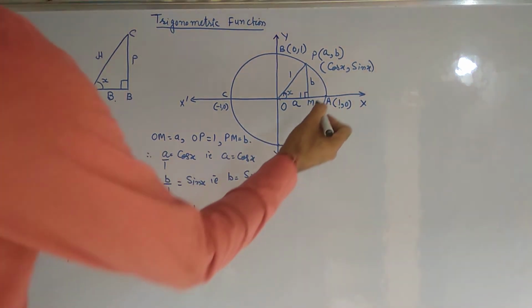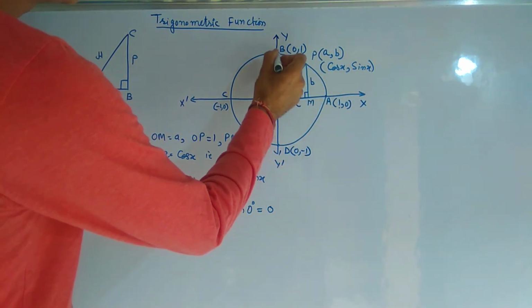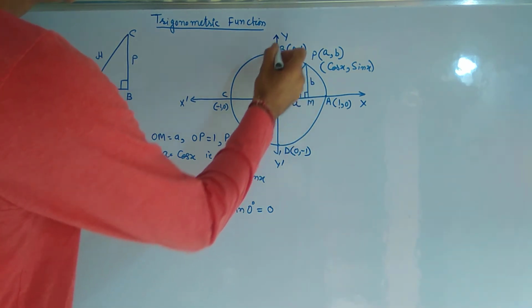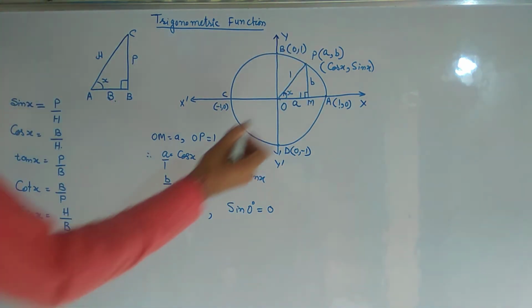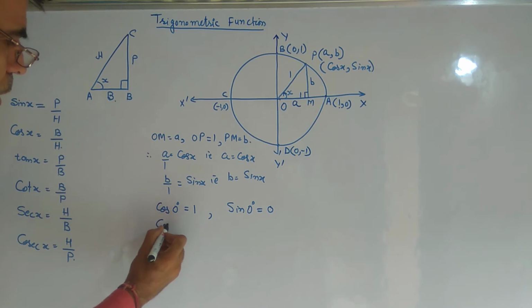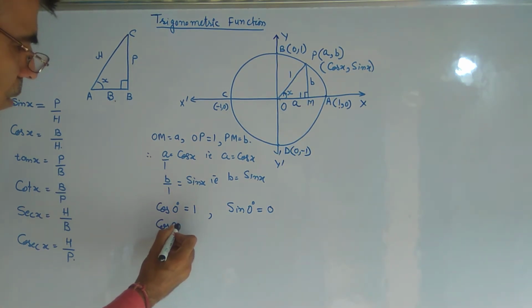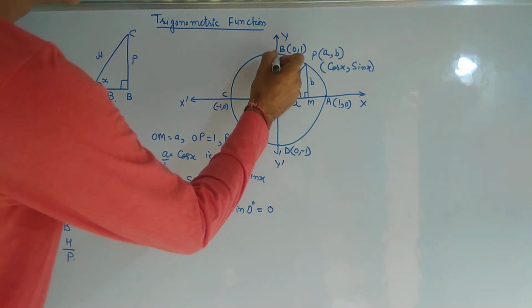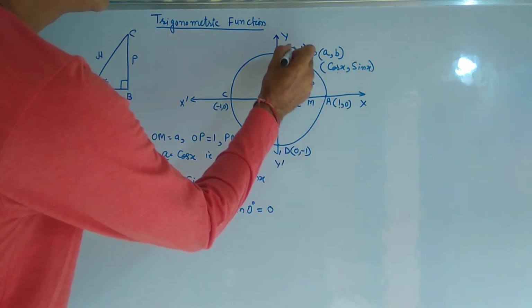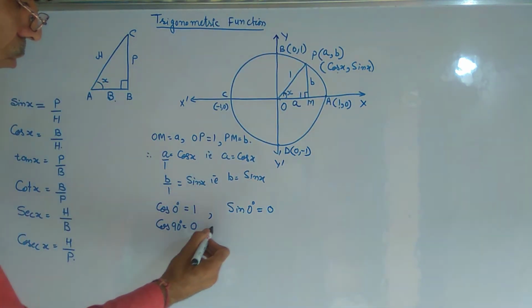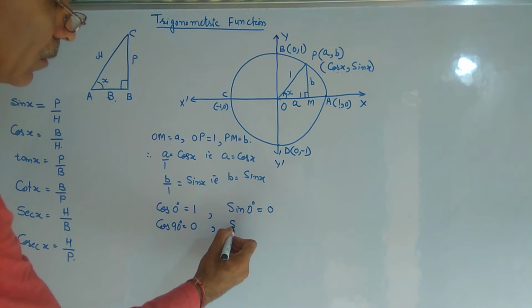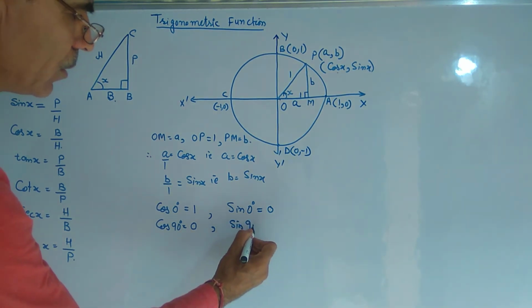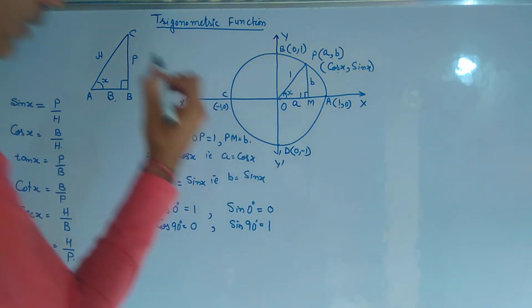Now suppose it is rotated up to 90 degrees, then cos 90 degrees, the x coordinate, becomes 0, and sine 90 degrees or pi by 2 is 1.